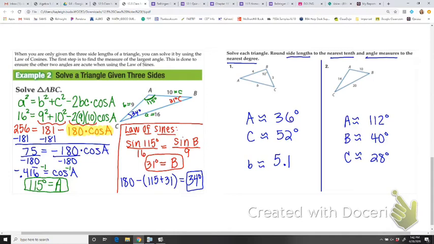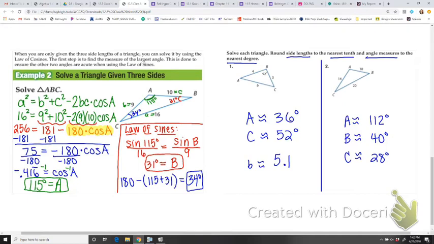Now I highlighted the 180 cosine of A part because some students will just take 181, subtract 180, and do that part first. But you have to multiply before you can subtract. So we need to not think that's just 1 cosine of A, but get rid of the 181 and move it to the left-hand side first. So 256 minus 181 is 75.